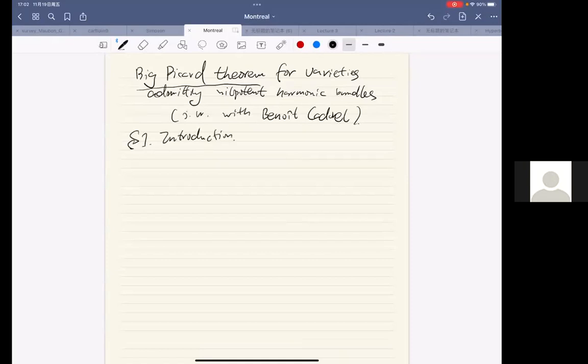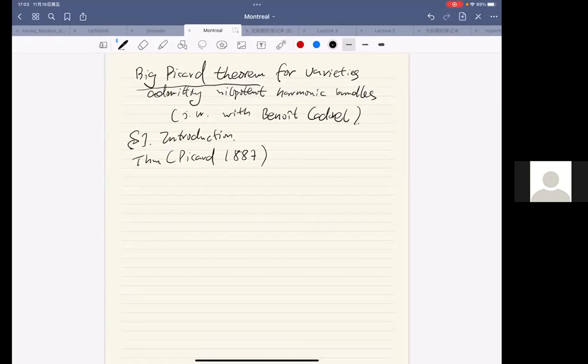So let's recall the Picard theorem. The Picard theorem consists of two parts. The first part is called the little Picard theorem. I think it's over 100 years ago, so it's a very old theorem.